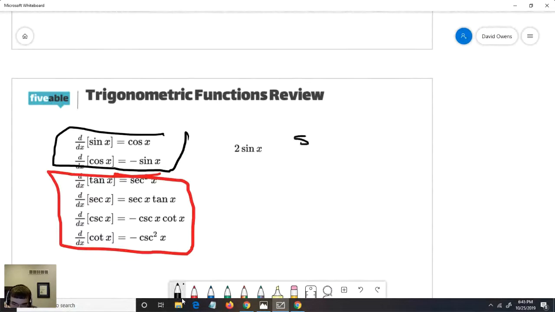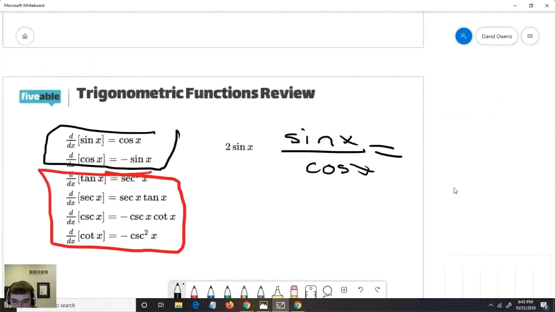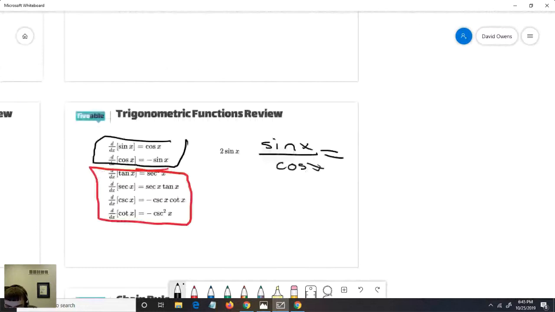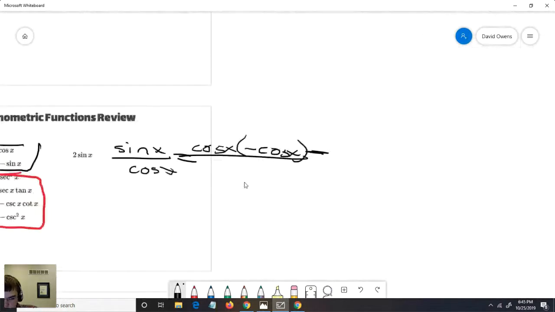So for tangent x, we're going to have sine x over cosine x. And you can see we're just going to do a simple quotient rule here again. What we're going to do is take the bottom times the derivative of the top, minus the top times the derivative of the bottom, over the bottom squared.